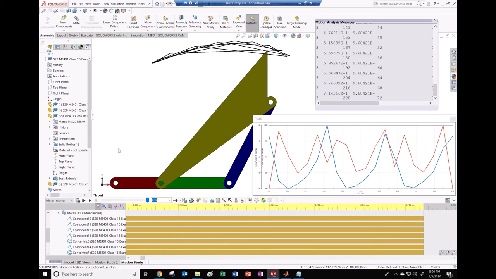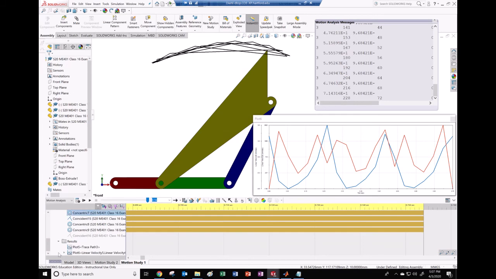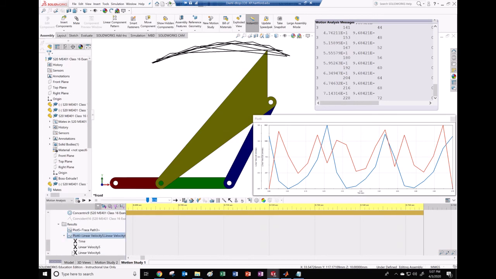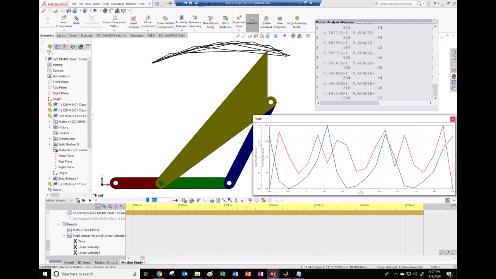It gives me the wrong units the first time I do this. So I've got to figure that out at some point. This velocity here, I'm going to edit this. You get the Y component and linear velocity. I don't know why it does this. Let's do it again. Yep, okay, now it works.